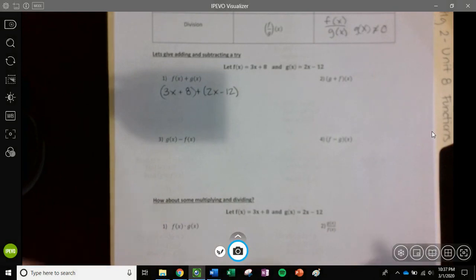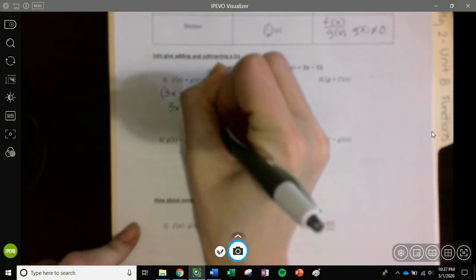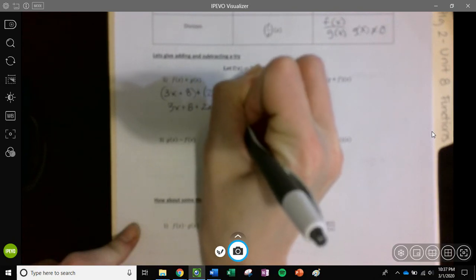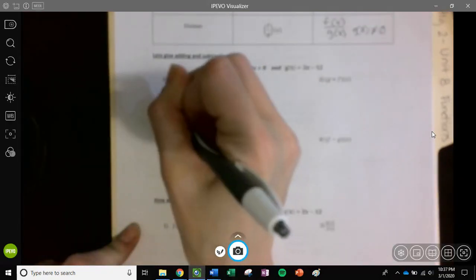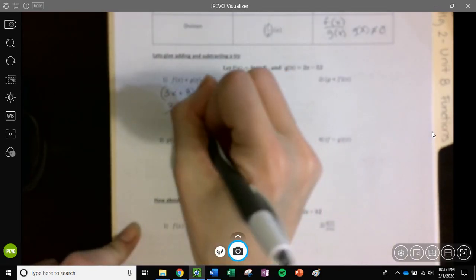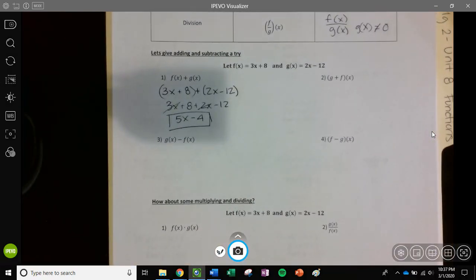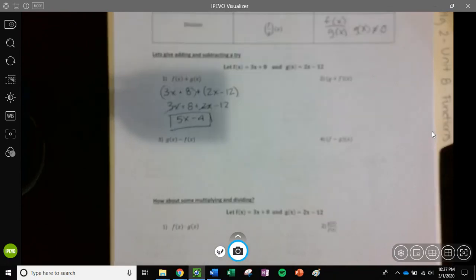Since we're adding, all we're doing is combining like terms. 3x plus 2x is 5x, and 8 minus 12 is negative 4. That's it. We can't do anything more to that because we can only combine like terms.